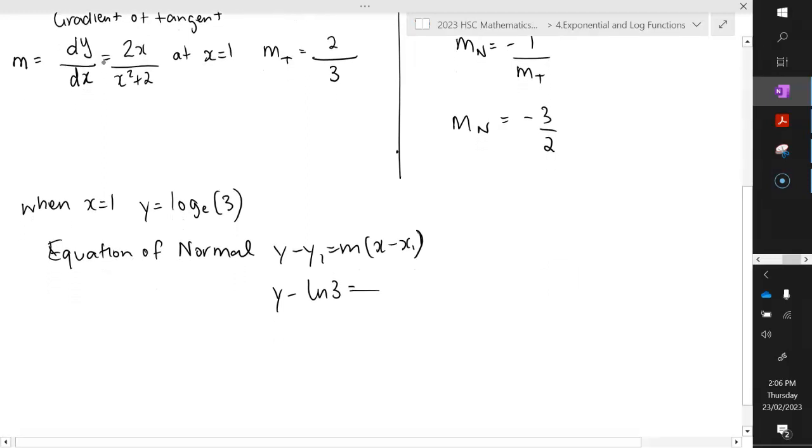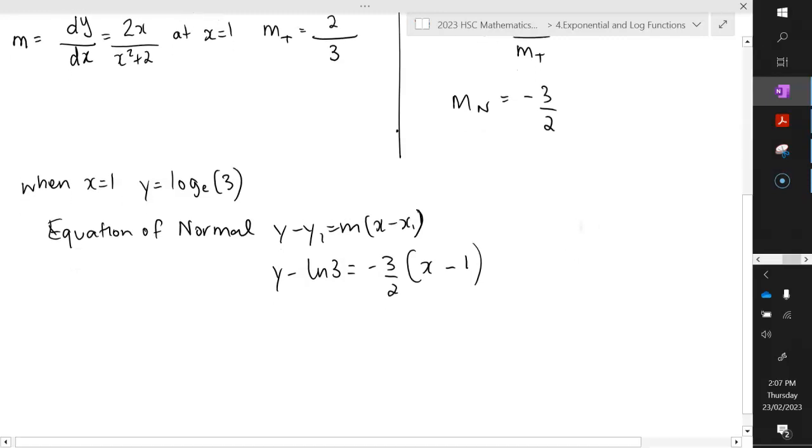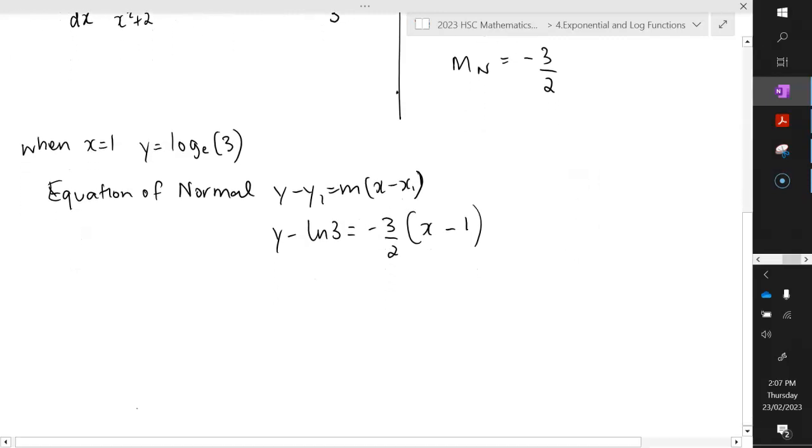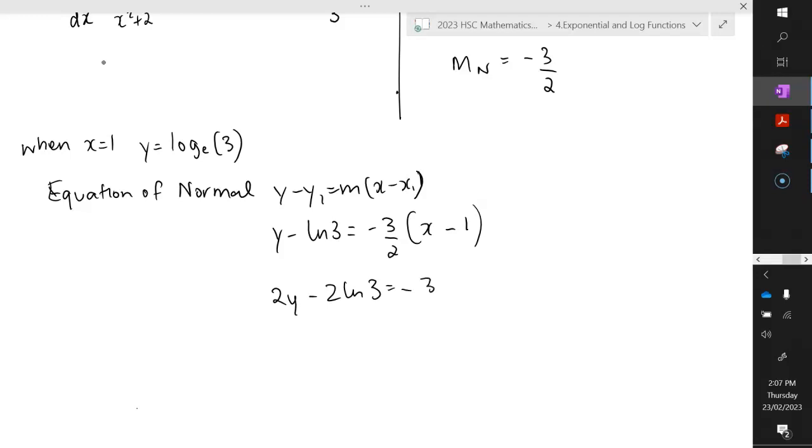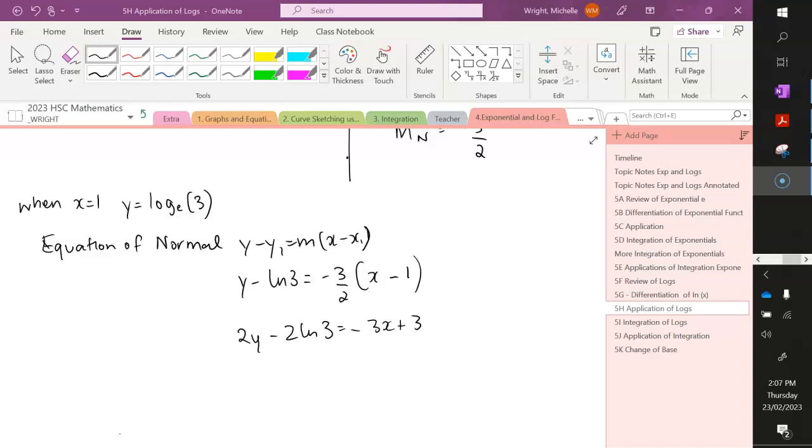We want the gradient of our normal in this case, so it's minus 3 over 2, times x minus our x point, which is 1. I'm going to neaten that up a little bit. I might times everything by 2. So I get 2y minus 2 ln 3 is equal to, and I'm going to expand the 3 out, minus 3x plus 3.